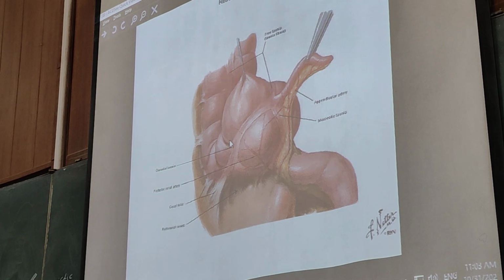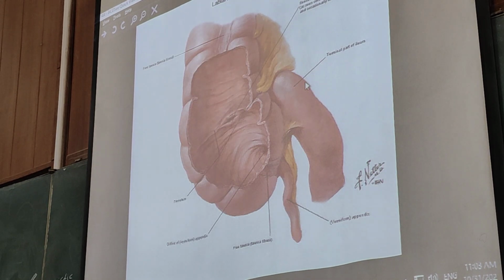It shows you the appendix and the artery that reaches the appendix here. It shows you the inside of the cecum. You can see the orifice of the appendix without any valve. It's valveless. And the ileum, when joined to the cecum, has a valve with two lips, superior and inferior lips.